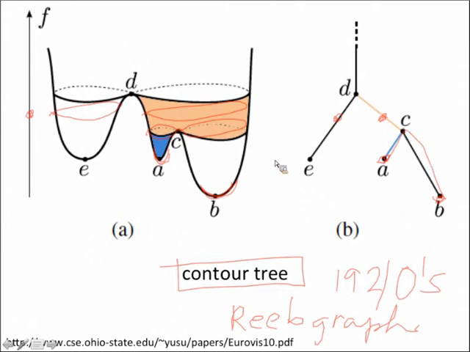So that's an old method, and it actually works fairly well. Even if this were in R to the 20 or so, you can still do this sort of thing where we still take the pre-image of a point and take a look at all the connected components and do this sort of merge process. So that works quite well, but it'd be nice if we could encode additional information.